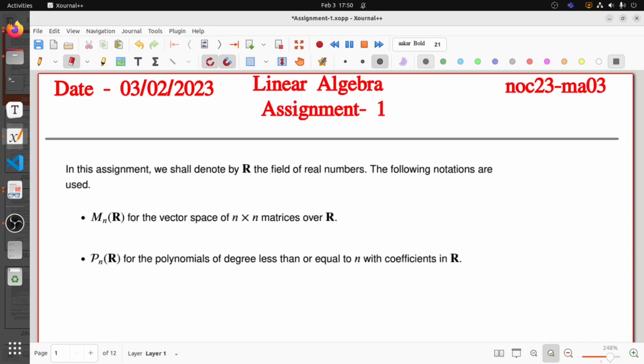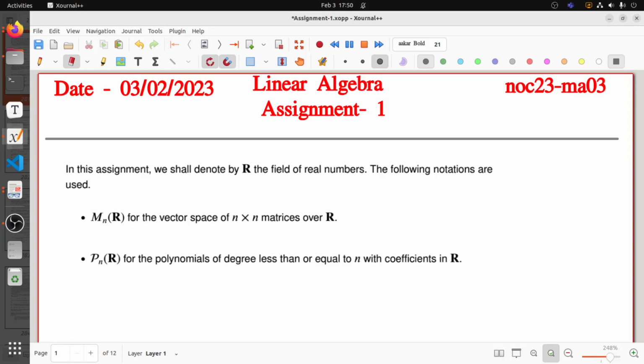This is the usual multiplication in R. Usual multiplication in R. And so we have defined the addition.